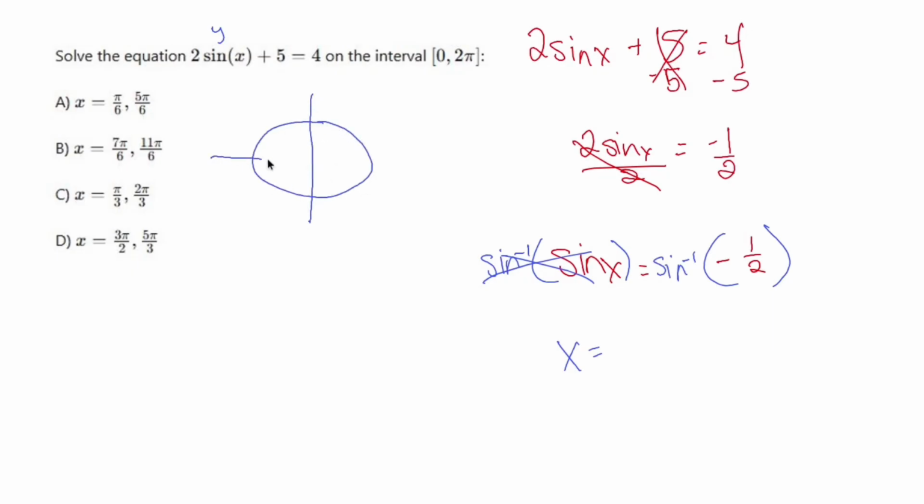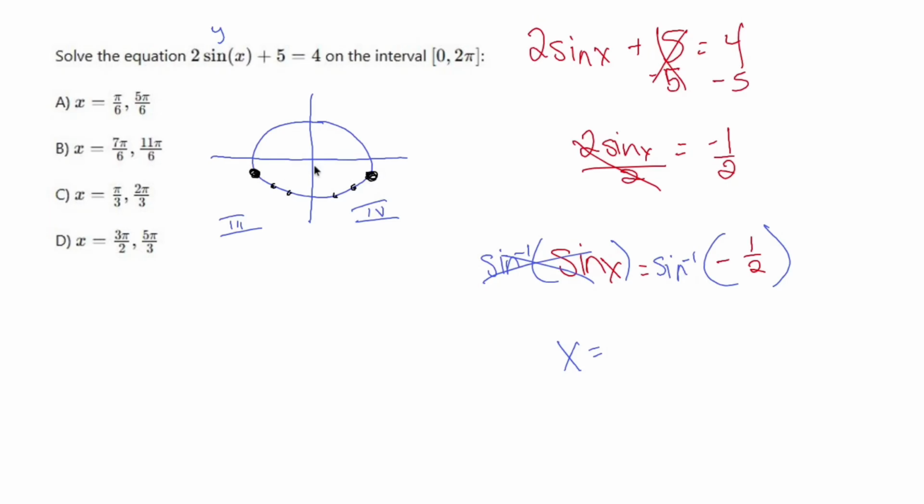Where is y negative? Quadrant 3 and quadrant 4. Where is my y value negative 1/2? Well, remember, you put 3 dots on each of these, and the negative 1/2 will live on the top dot on each one.